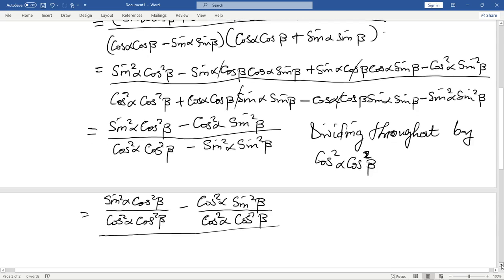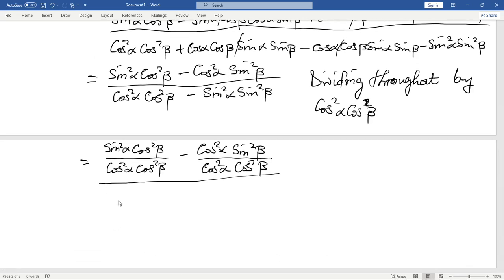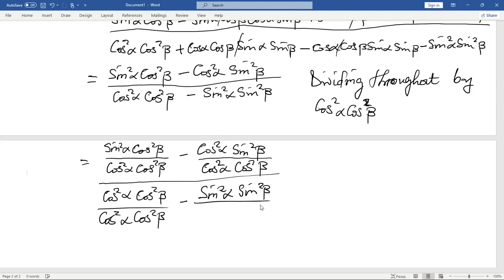Let's scroll down a bit. So here we have cos squared alpha cos squared beta divided by cos squared alpha cos squared beta, like this, minus sin squared alpha sin squared beta divided by cos squared alpha and cos squared beta, like this.